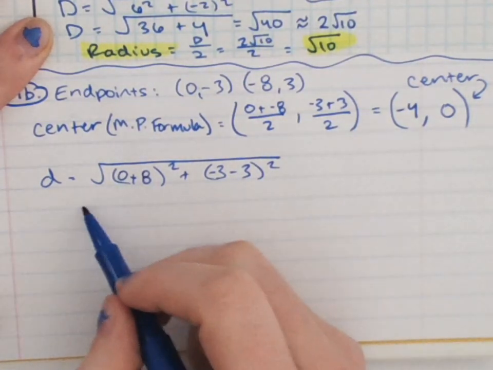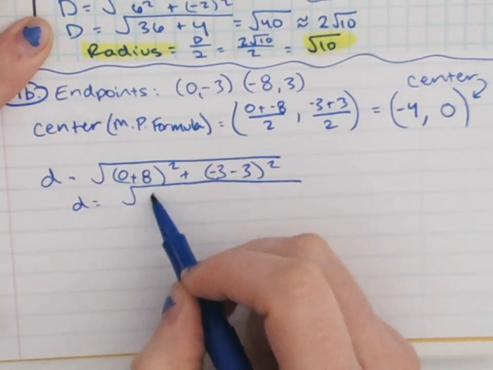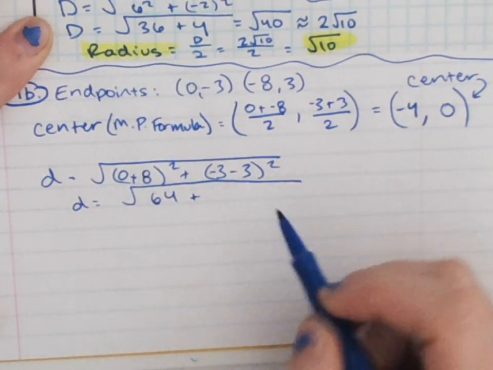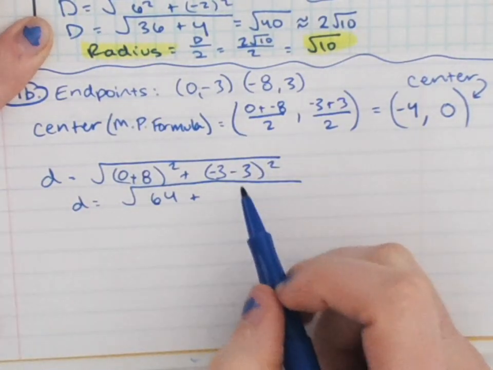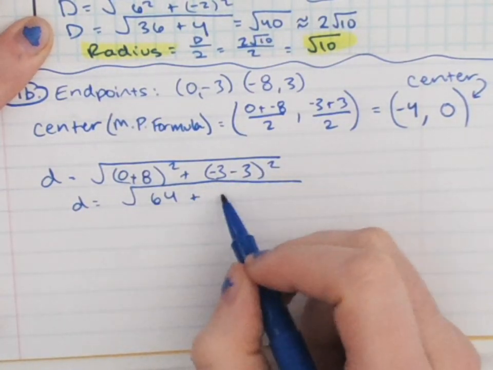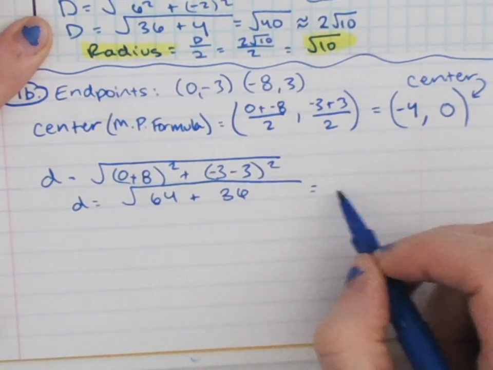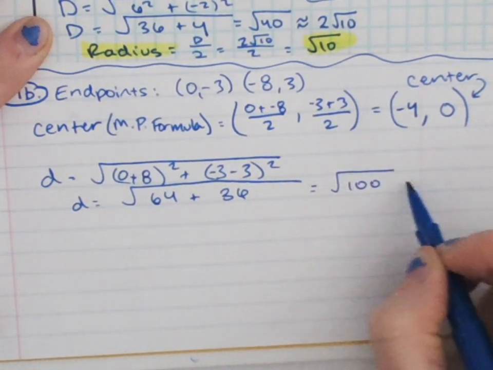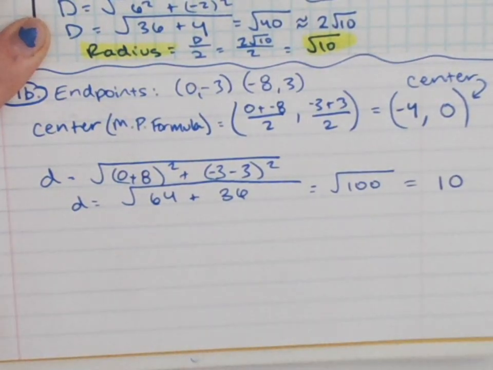And now we've got distance is the square root of 8 squared is 64. Negative 3 take away 3 is negative 6, but it doesn't really matter with that negative because it's going to be squared and we get 36. This becomes the square root of 100, which is 10.